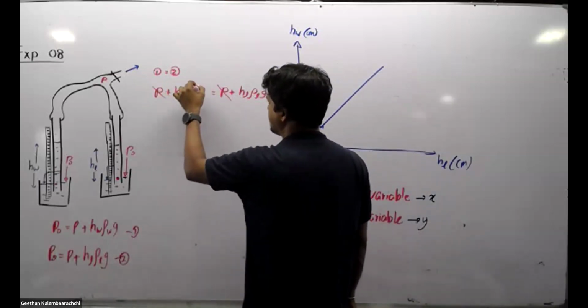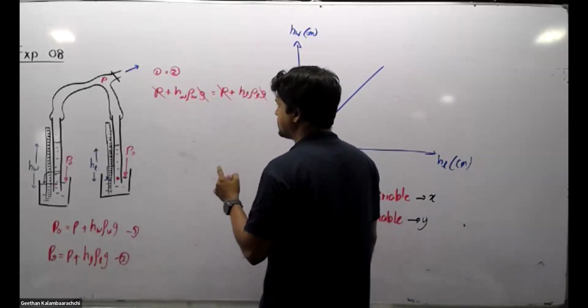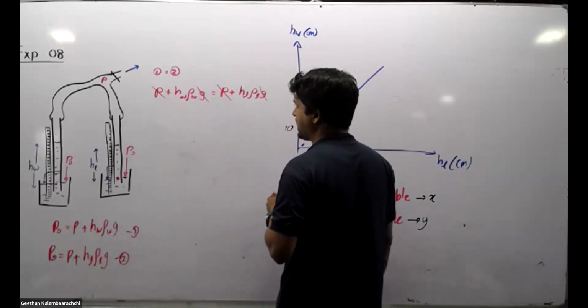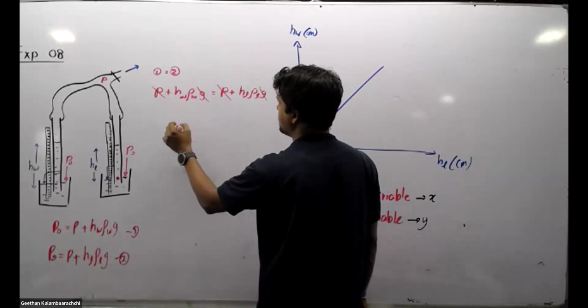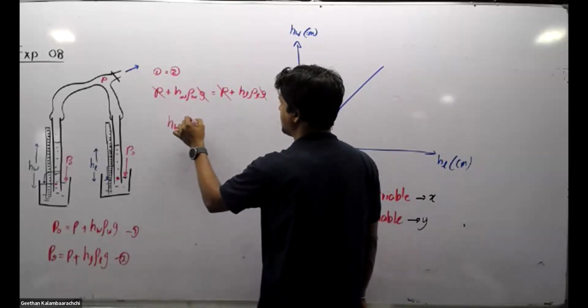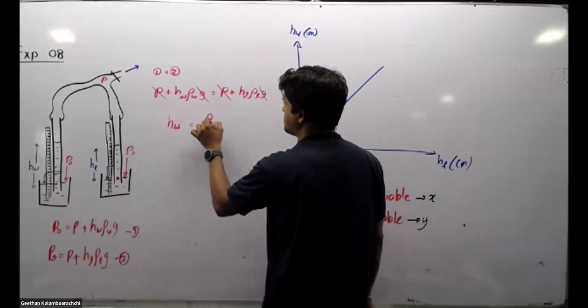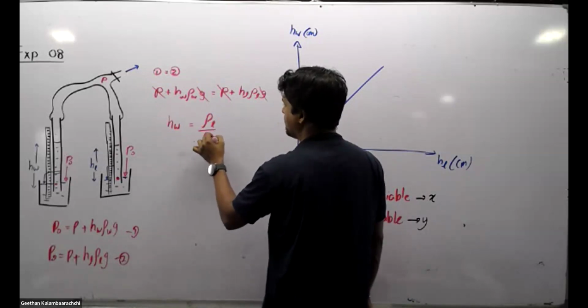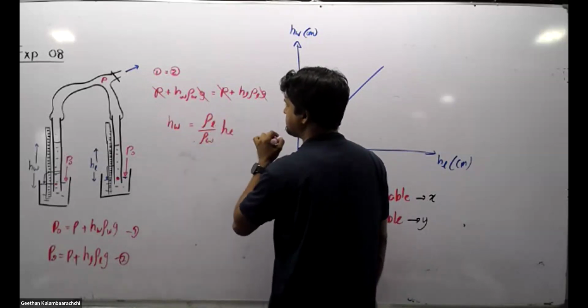P is cancelled and g is also cancelled. We keep HW on the y axis, so HW equals rho L over rho W into HL.